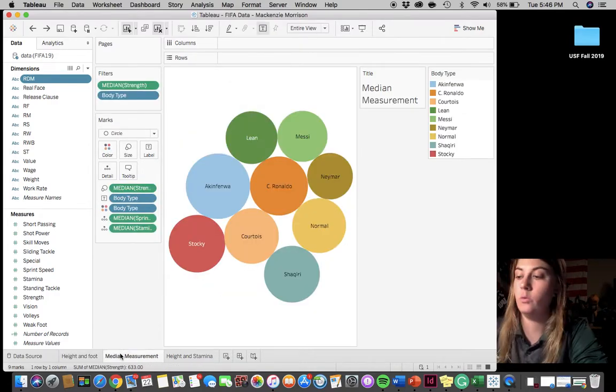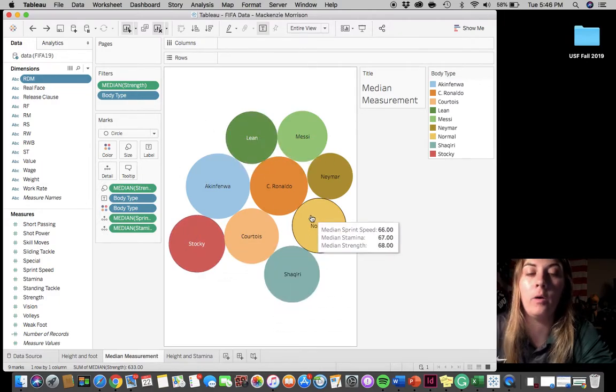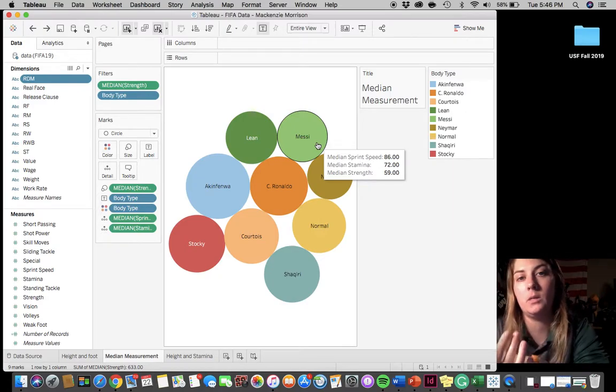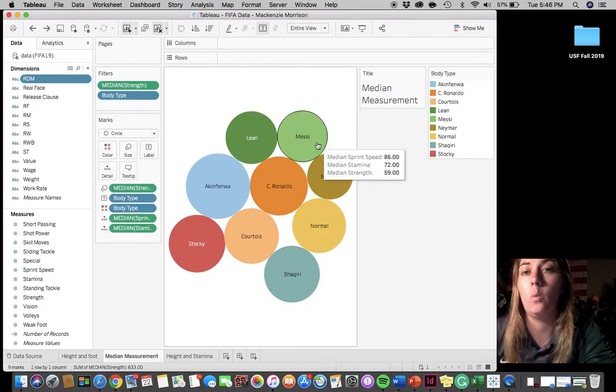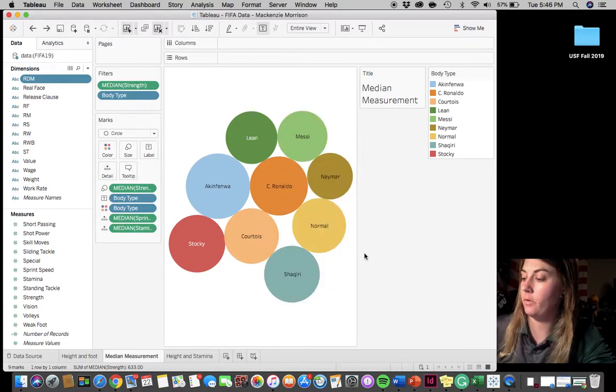All right, and then to move on to the median measurement, as I stated before, this one's based off sprint speed, stamina, and strength. As you can see here, this one has stocky, lean, and normal. And there are names listed. These names listed in the data are actually some of the most world-renowned FIFA soccer players. Messi, Ronaldinho, and I did some further looking up.